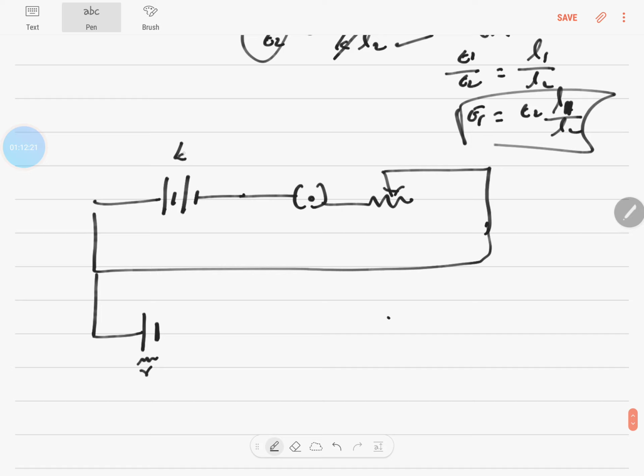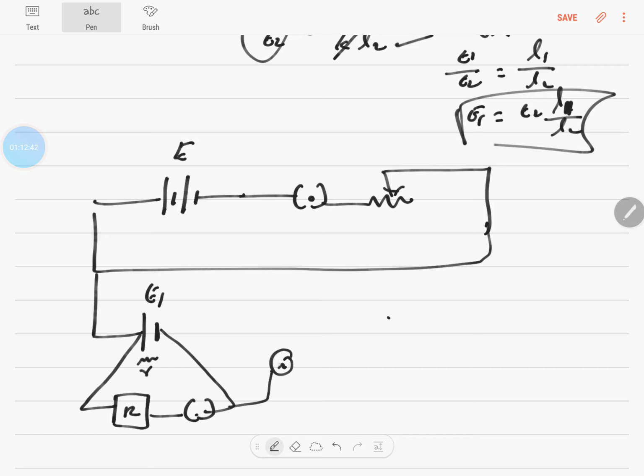This is capital E, this is V. Or you can even call this E1 initially, and you have to have an external resistor, capital R here, a key here, and then close the circuit and take it to a galvanometer, a high resistance box, and a jockey.